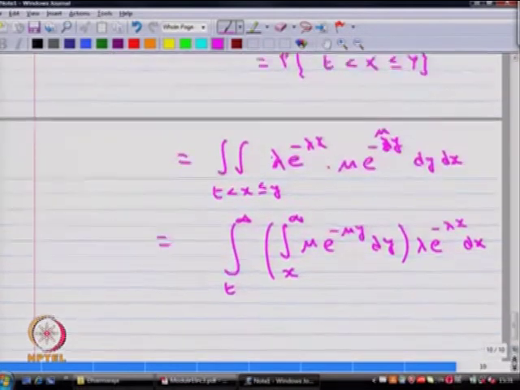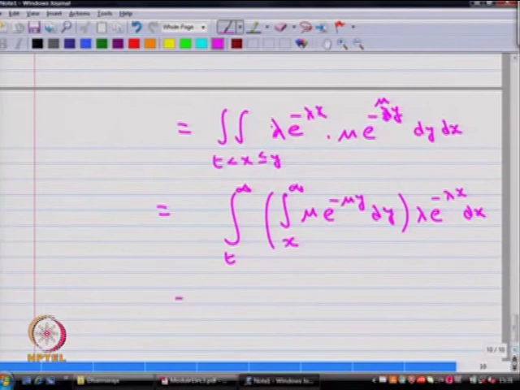That is same as, now the inner integration you can integrate and you can substitute the limits x and infinity. If you simplify, you will get the integral from t to infinity of e power minus mu x, then multiplied by lambda times e power minus lambda x dx.